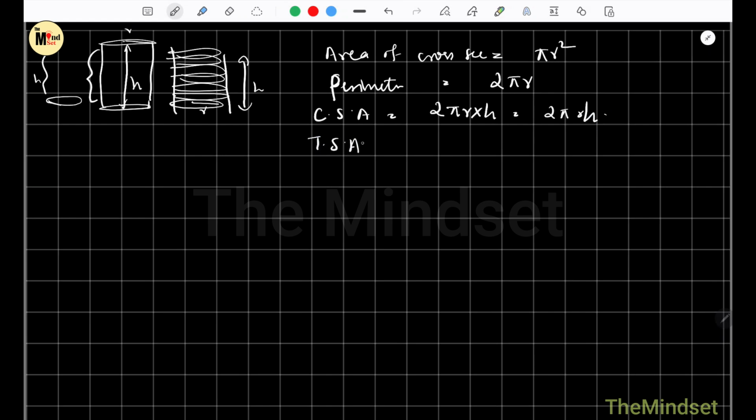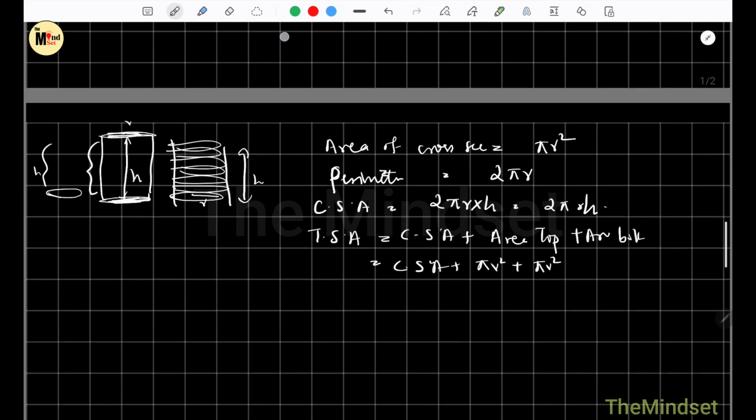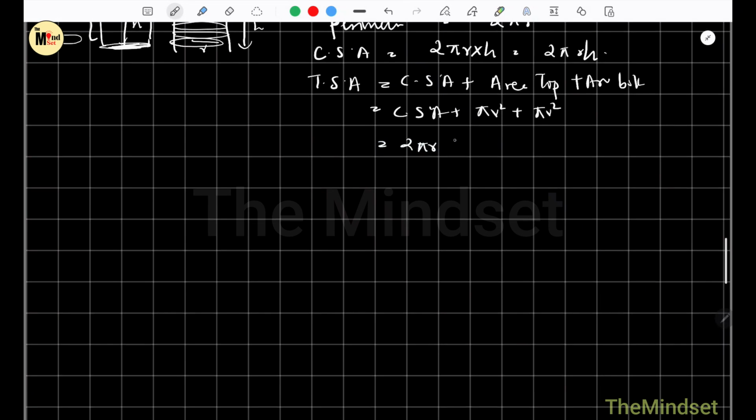Now total surface area is whatever surface area you can see outside. That includes the top and bottom and the curved surface area. So curved surface area plus area on the top plus area on the bottom, which is curved surface area plus the area of the upper circle, pi r square, again pi r square, which is equal to 2 pi r into r plus h.